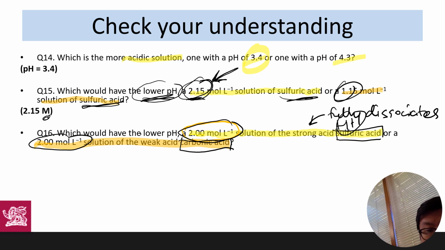But what determines acidity or pH is not the molecule itself, but rather the number of hydrogen ions that they can donate.